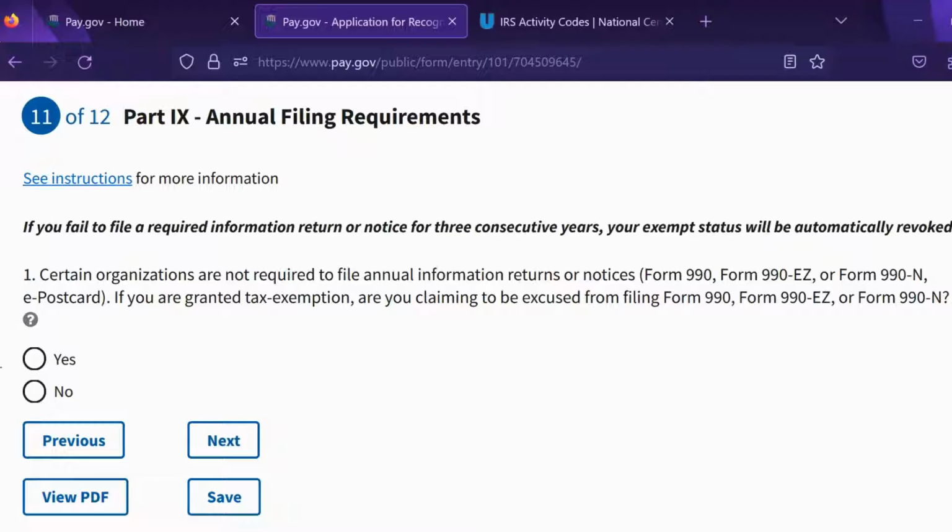Yes or no? We are not requesting that exemption because we are required to file the 990 form. We're going to the next page.